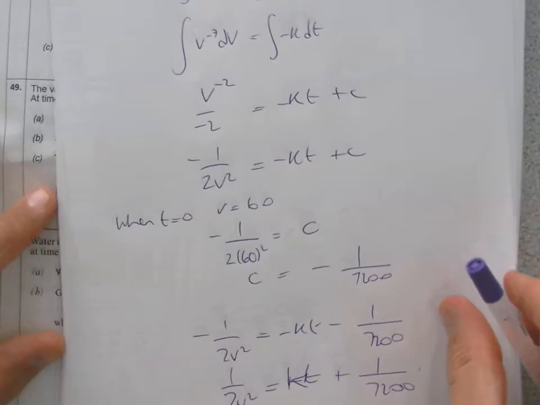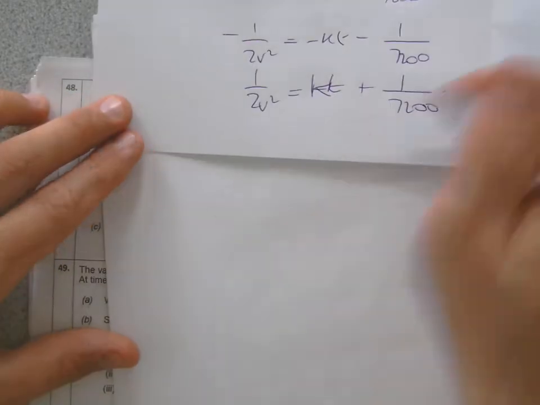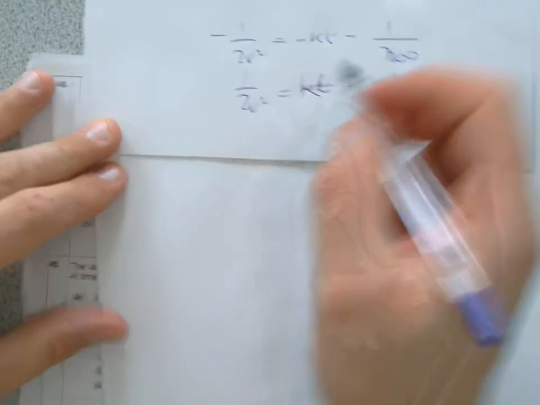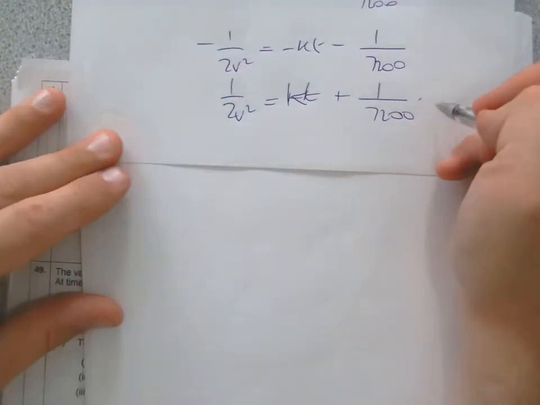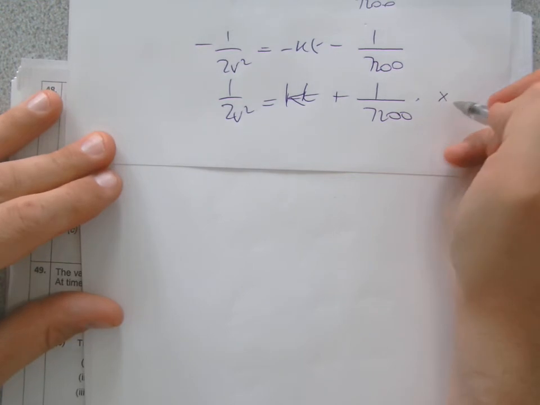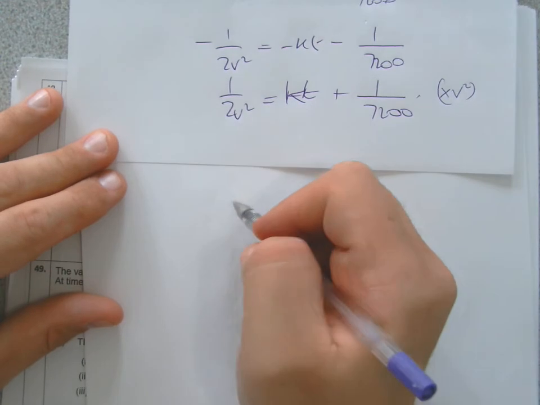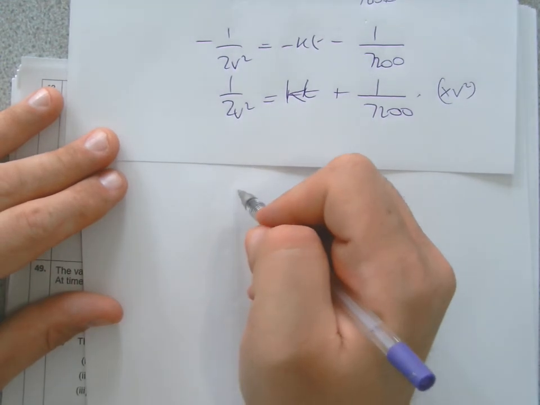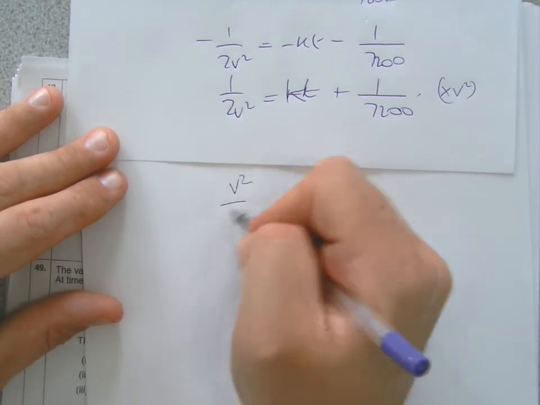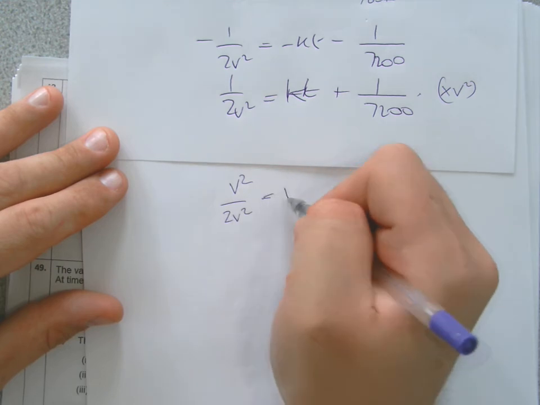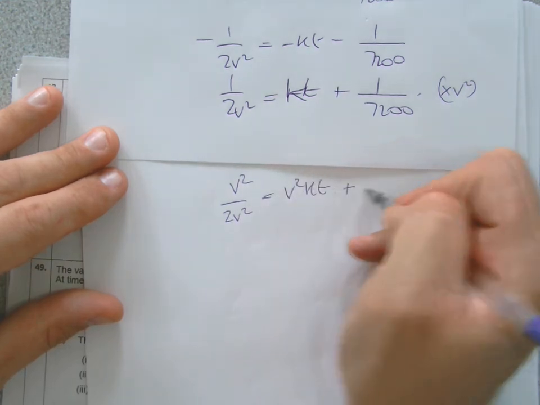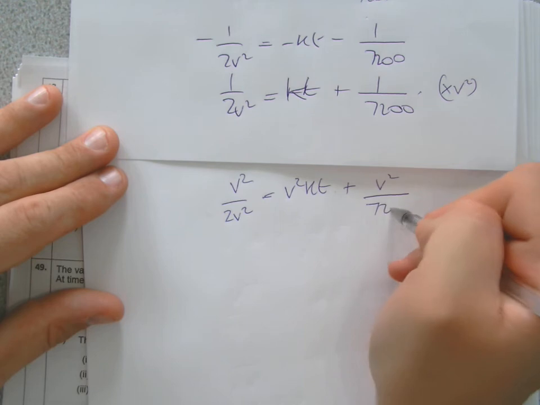Now, what I would do here, the simplest approach, because you want to get v squared on the top, is times through by v squared to start with. Times through the whole thing, okay? So if I do that, I get v squared upon 2v squared equals v squared kt plus v squared over 7,200.